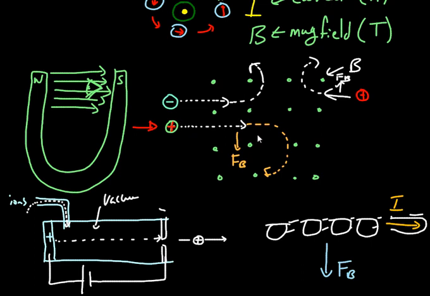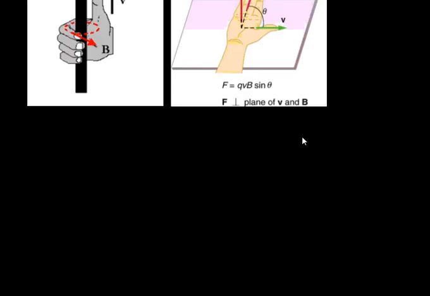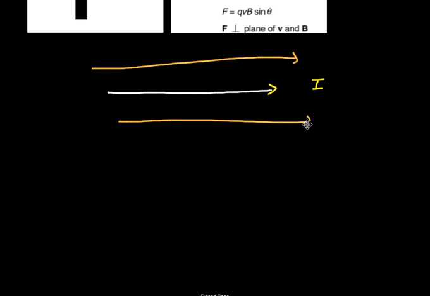So in other words, if you had something like this, let's say we had a wire aiming like this. Let's say we had current traveling this way in the wire. And let's say we also, on top of this, had a magnetic field that was pointing like this. Okay? So we have a magnetic field that's pointing like this.